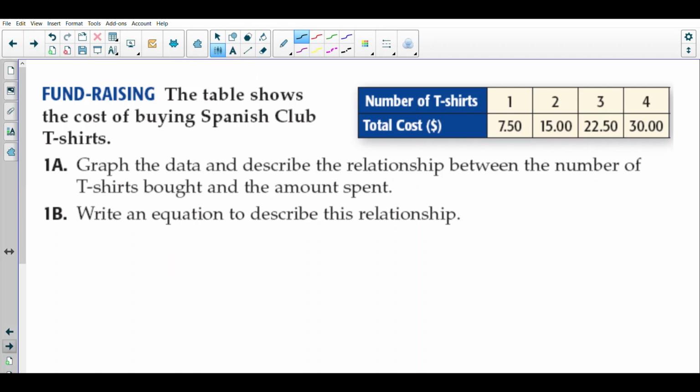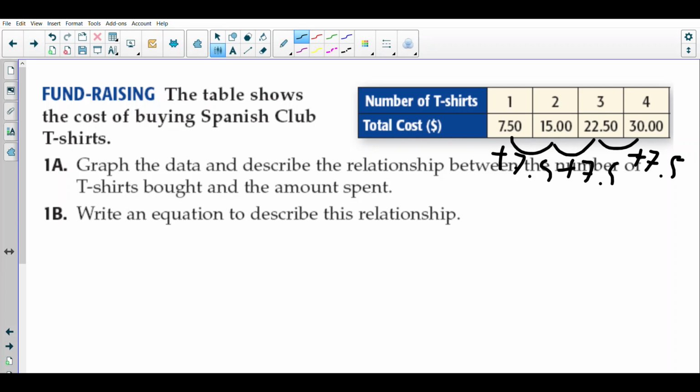So let's look at it again. Graph the data and describe the relationship. We're not going to look at the data too much, but let's think. We have plus 7.5, plus 7.5, plus 7.5.